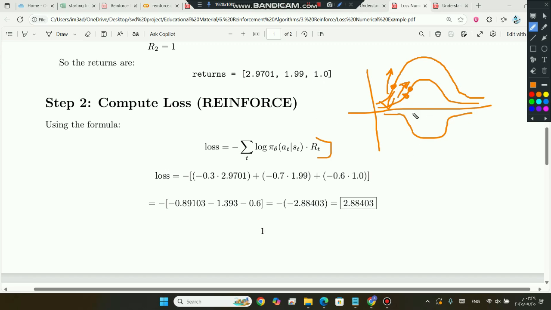So I've given you a very simple example of how multiplying the objective function by the reward results in a function that will generate higher probabilities for the actions that generate higher rewards.